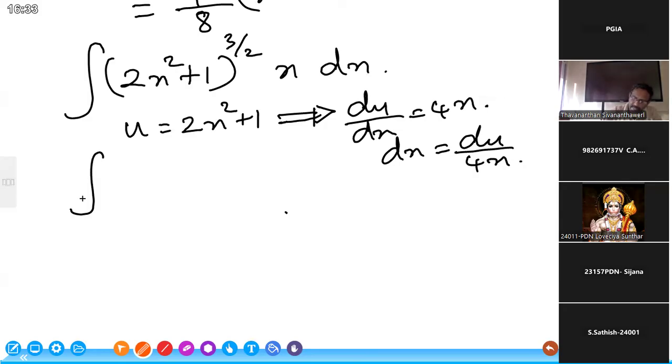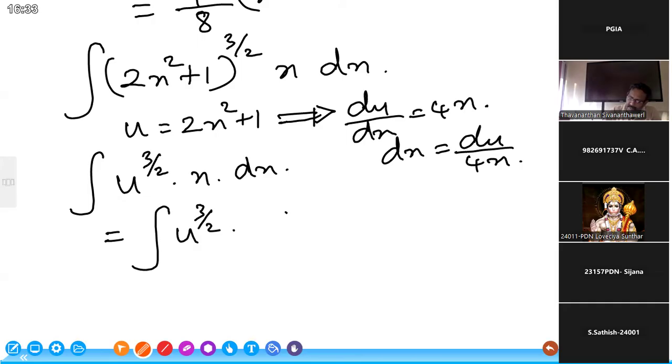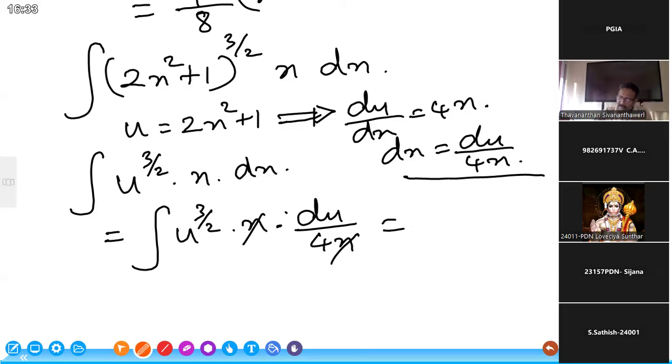So rewrite it as u to the power 3 by 2 into x into dx. So we could write it as u to the power 3 by 2 before integration, into x dx can be written as du by 4. So x cancels out, so you can write it as 1 over 4, take in front of the integral sign, u to the power 3 by 2 du.